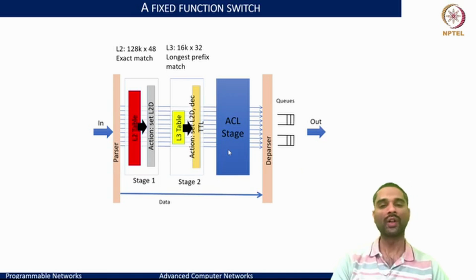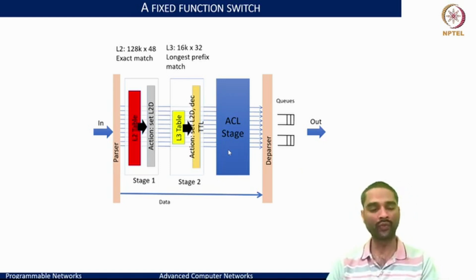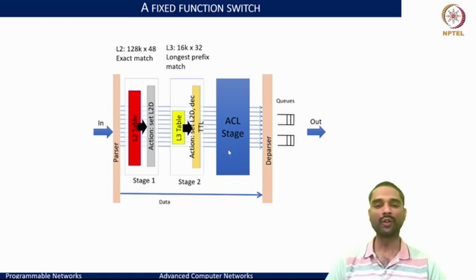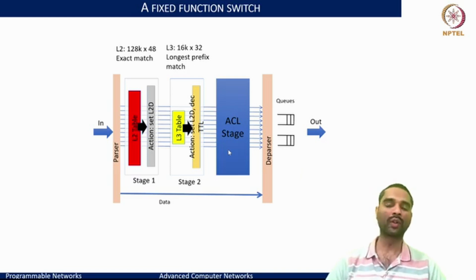And as it proceeds further to stage 2, it would basically do a layer 3 table, where it would look up specific IP source and destination in the packet header, match on them, and then take specific actions like decrementing a TTL before forwarding the packet out.